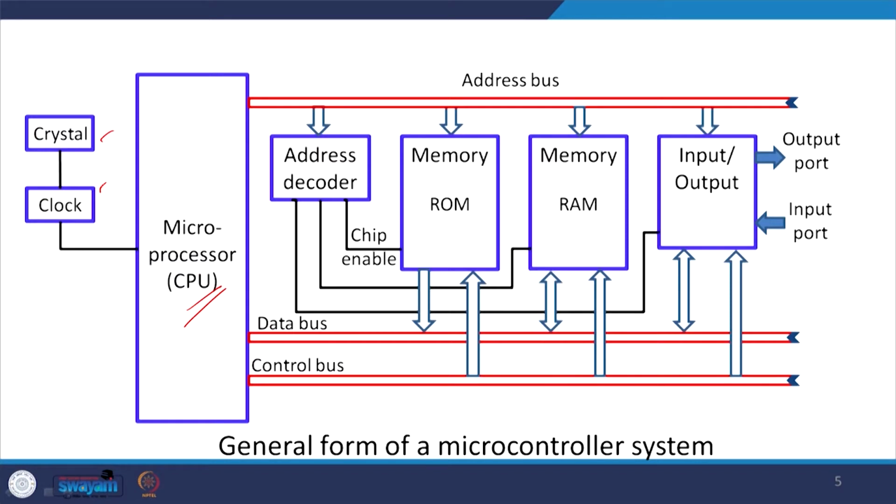We have a crystal and clock, and then as I was telling you, we have the input output unit, so you have the input port and output port, and these are the memories basically. I am going to talk about these memories a little later in this lecture. And then there are different buses: address bus, data bus, and control bus. And what do we mean by these buses? Again I am going to discuss that in the next slide.